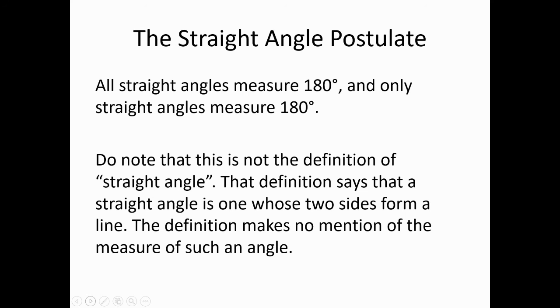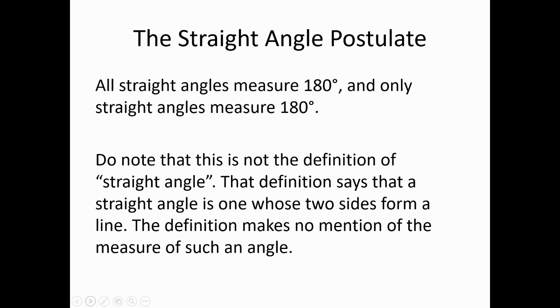So let us make sure that we understand the difference between these two parts of the straight angle postulate. First, all straight angles measure 180 degrees. That means that if we're given a straight angle, if we know that a certain angle is straight, then we may say that it is 180 degrees.